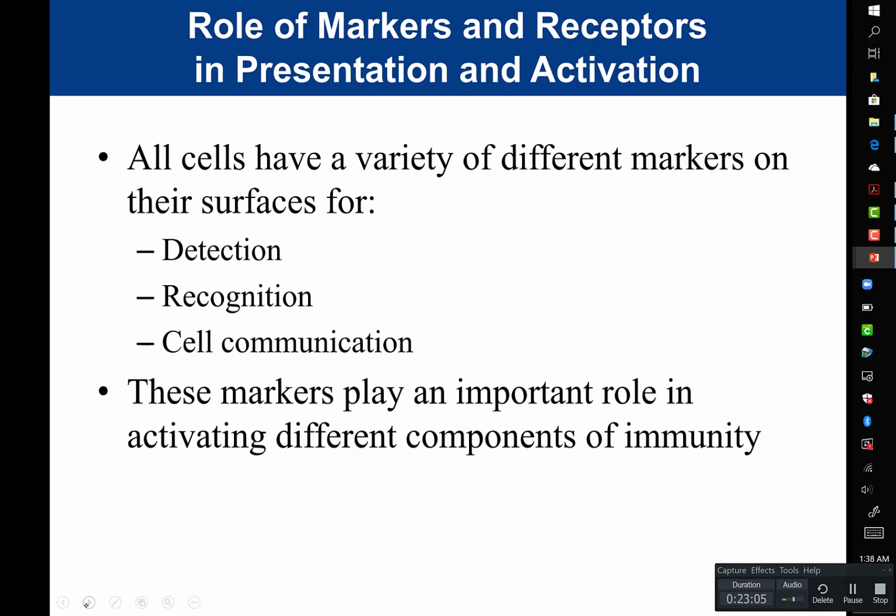Markers also can play a role in cell communication, how cells talk to one another. And so these markers can play an important role in activating different components of immunity, whether it's going to be an antigen that is an immunogen and stimulates an immune response or not.